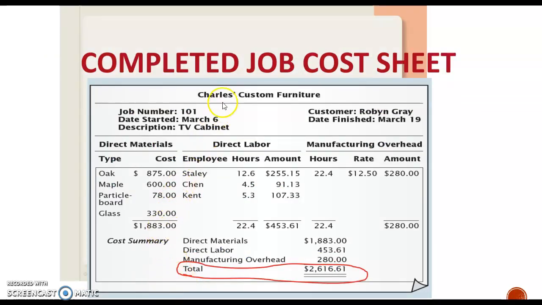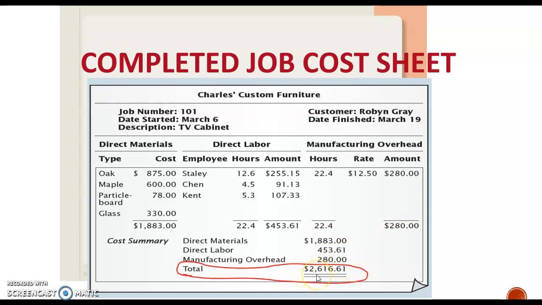So here is Charles Custom Furniture, CCF, and this was a TV cabinet. Here was all their direct materials. We totaled them up. Here's the direct labor. We totaled that up. Here's the overhead that we applied this month. And we have that total. We summarize all those totals and get the grand total.